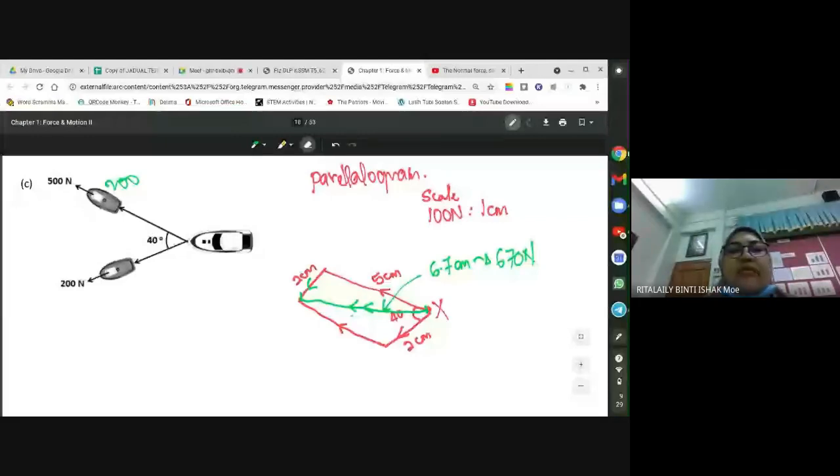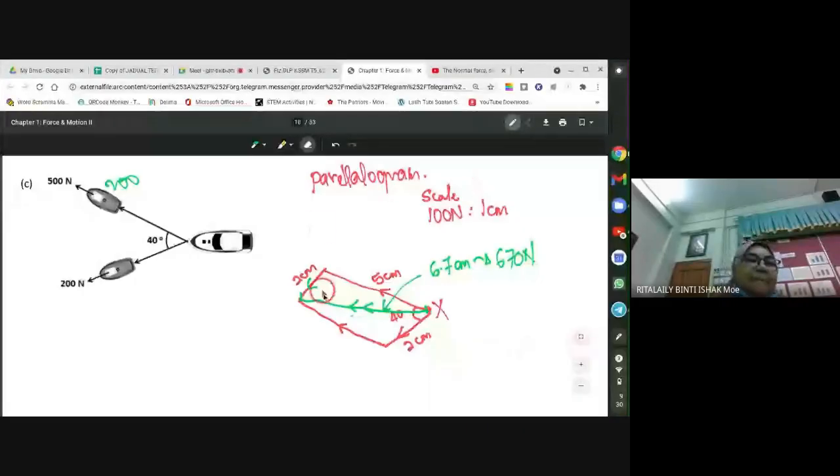But for this chapter and this subtopic, we don't use trigonometry as our problem solving. So if you use trigonometry in your answer, let's say for the exam or SPM, you might get the wrong answer according to the marking scheme. So I think the best method is you follow this.